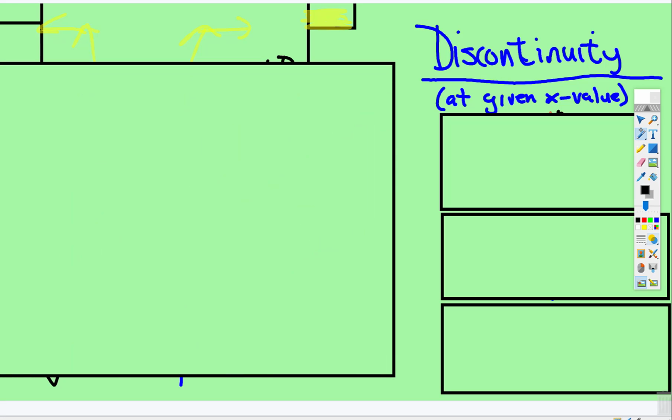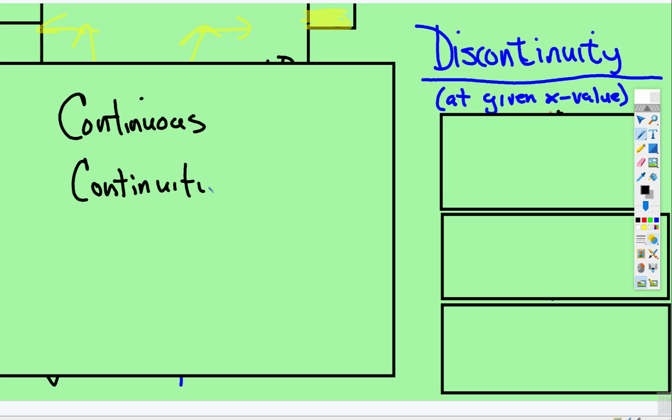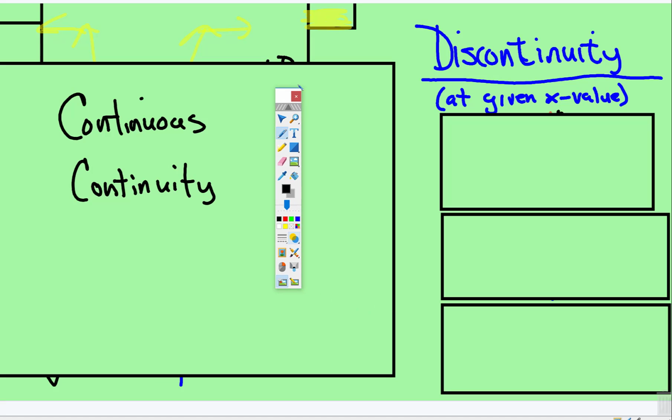So when there's no break in a graph on a certain domain, that function or that graph is called continuous, and it has continuity.